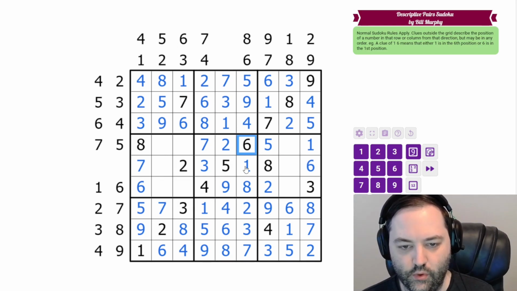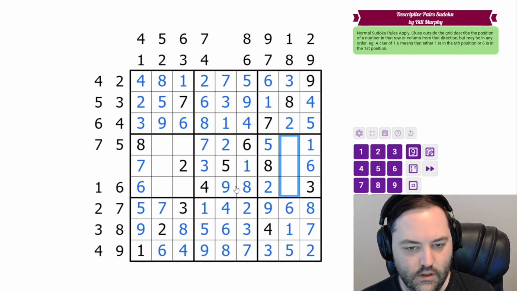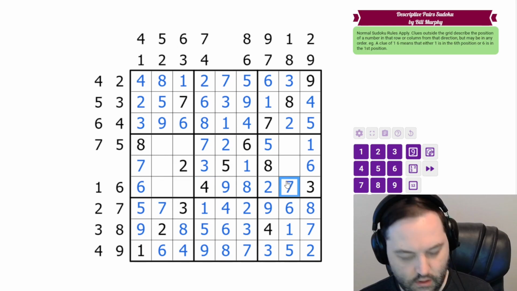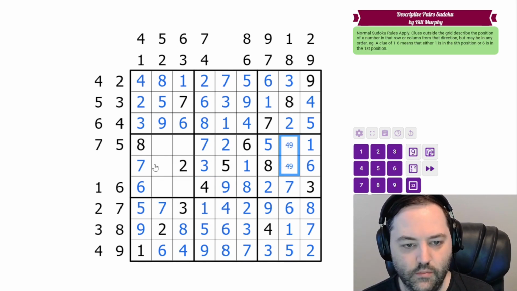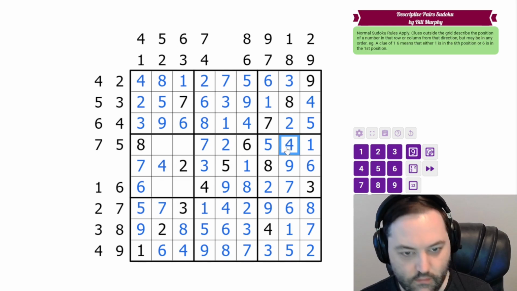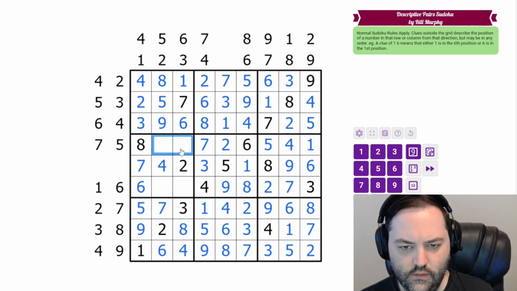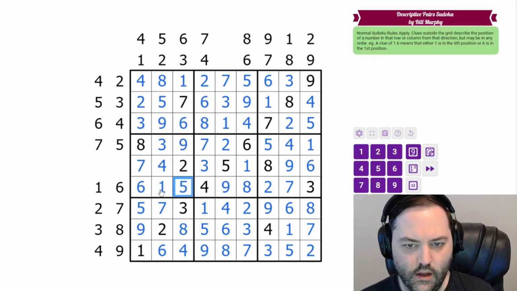If that given 6 weren't there, we would have a deadly pattern right here. 4, 7, and 9. I see 4 and 9 here. And these aren't resolved yet, but they're about to be. This is also 4 or 9, and there's a 9 in the column. So 4, 9, 4. These are 3 and 9. And finally, these are 1 and 5, and that did not give a check.